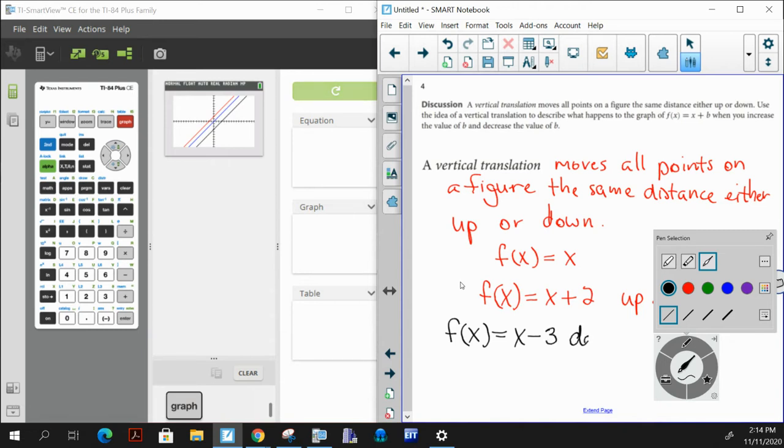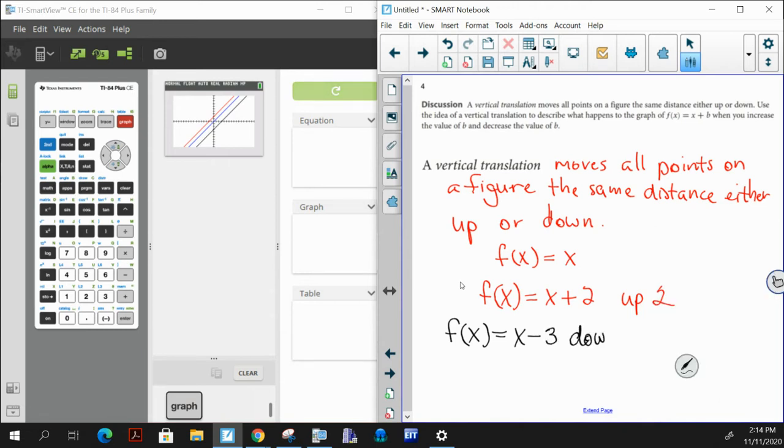It went down from this original one. It went down 3 units. And so when I say up 2, for the second one, I'm saying up 2 from the original one. When I say down 3, I'm talking about down 3 from the original equation.